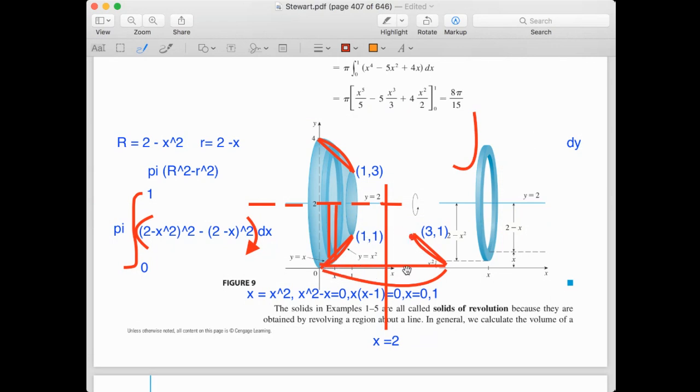And we see the y value still goes from 0 up to 1, right? So the lower limit would still be 0. The upper limit is still 1.